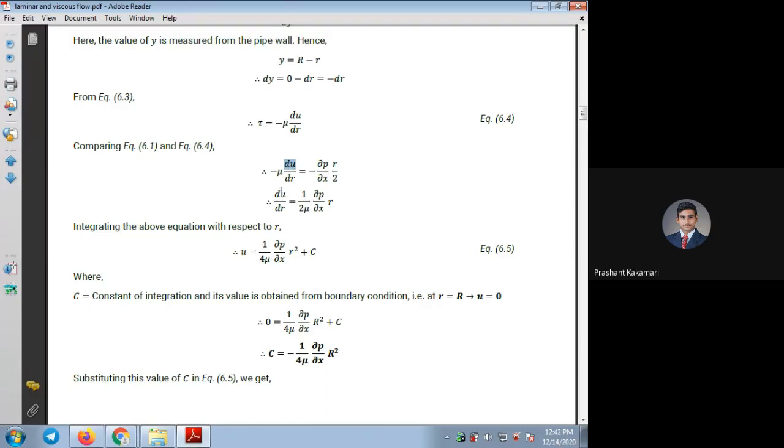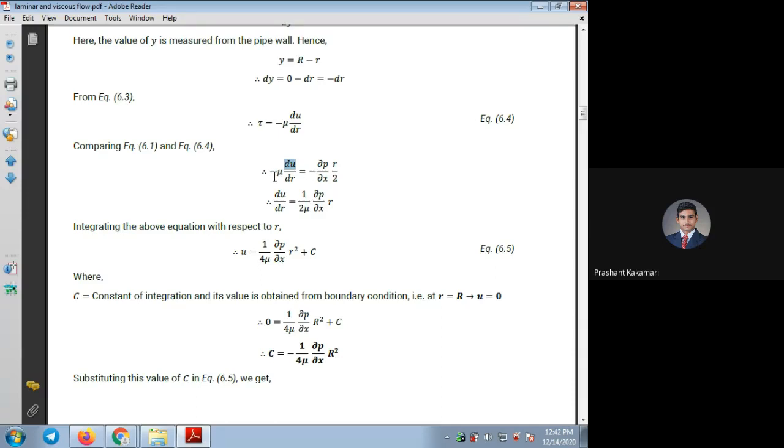I can write du equal to 1 by 2 mu dou p by dou x into r into dr. I'll repeat once again: the velocity distribution term du can be written as 1 by 2 mu dou p by dou x into r into dr, where the minus signs will cancel.